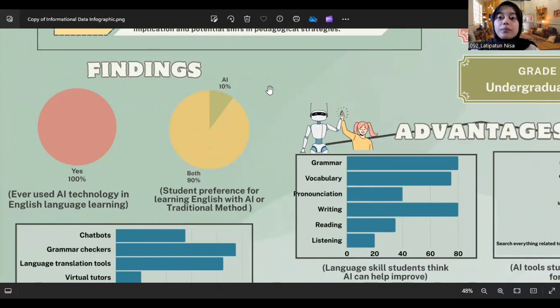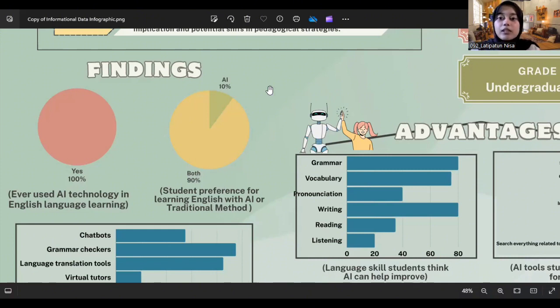So here I will explain the start of the findings. We have conducted a survey in Google Form, and we asked the final year students whether they have ever used AI technology in English language learning, and the answer is 100%. All of the students have used AI in English language learning.